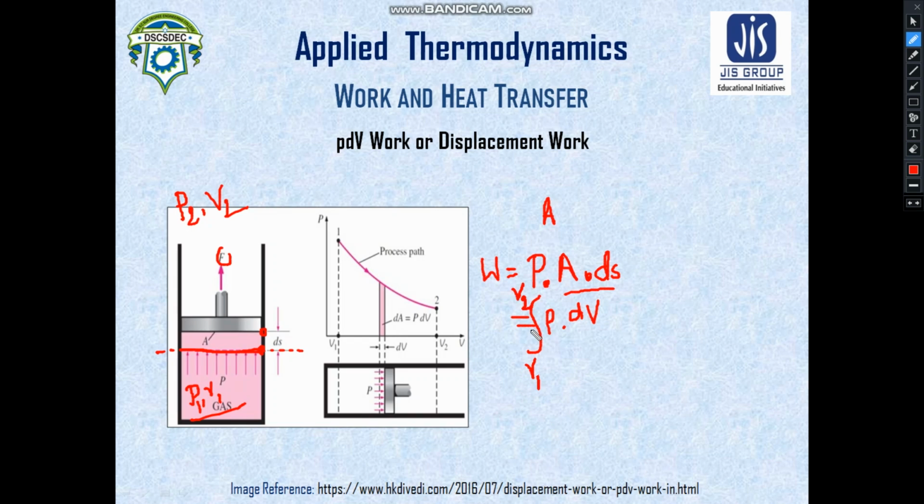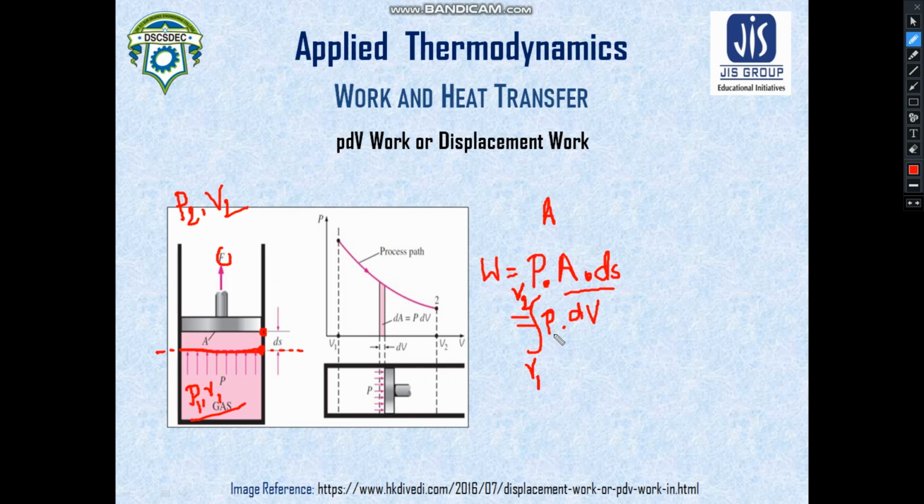So when the limits are V1 to V2, we can calculate the total work done. And you have to remember, this P should always be a function of V. If it is not a function of V, then we can't calculate the exact value.